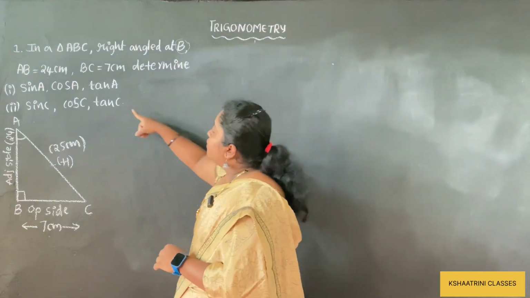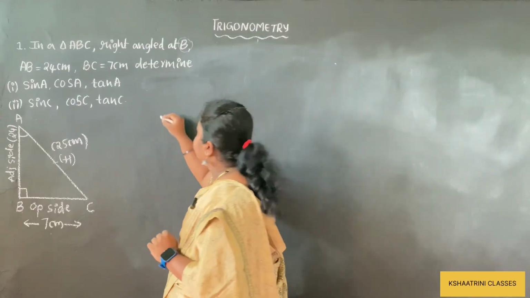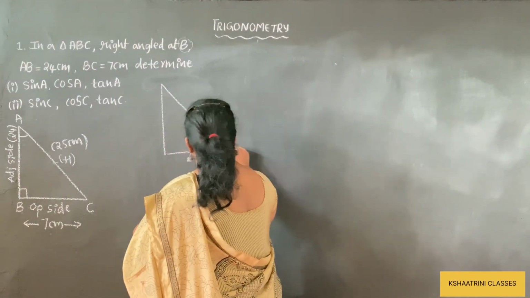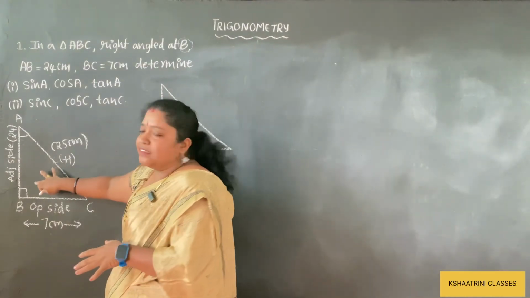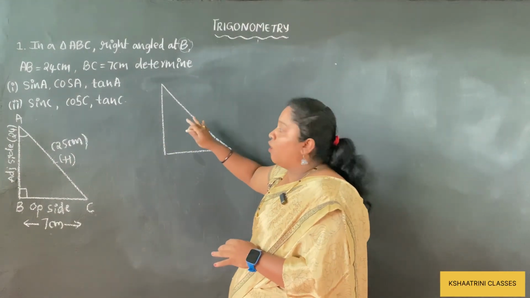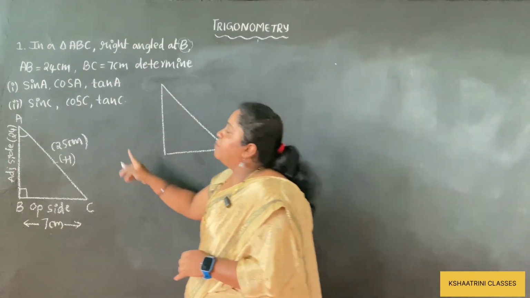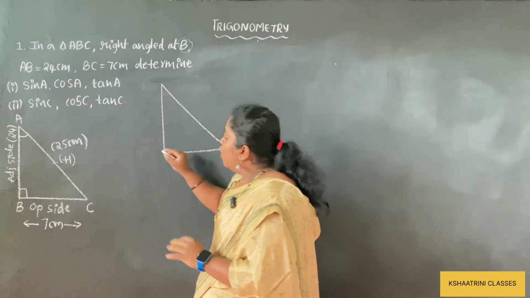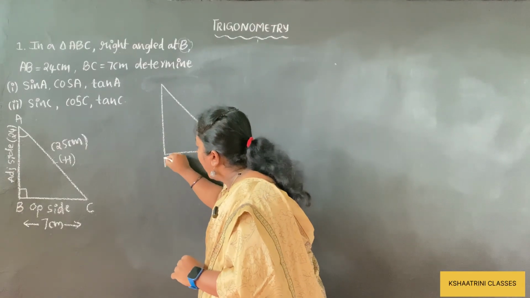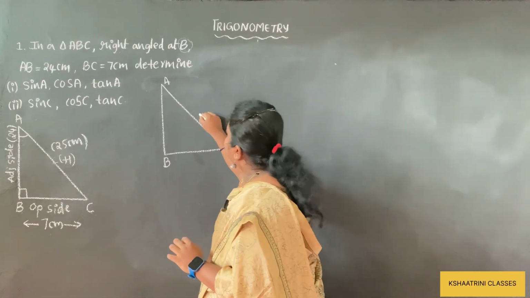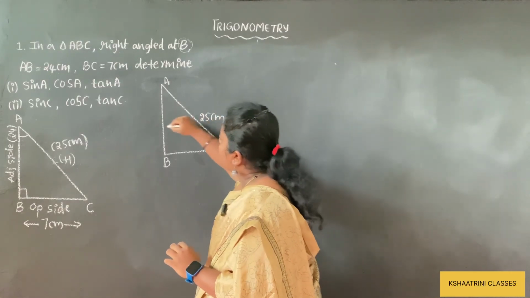You people will get confused if you just write it in the single diagram. So please make sure that you are redrawing the diagram once again and mark the sides with respect to angle C. Don't change any values or vertices. Just write all the values as they are.